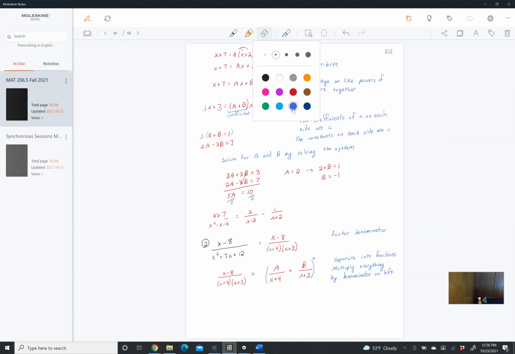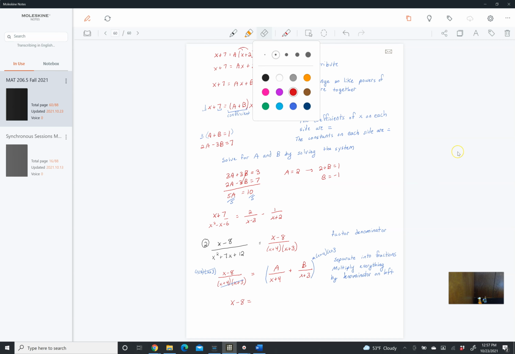We're going to multiply by x plus 4, x plus 3 on both sides. On the left, and this will always happen, the denominators cancel, so we get x minus 8.